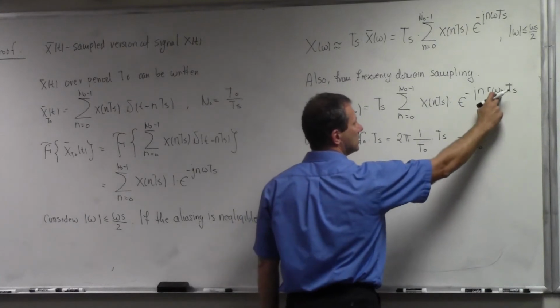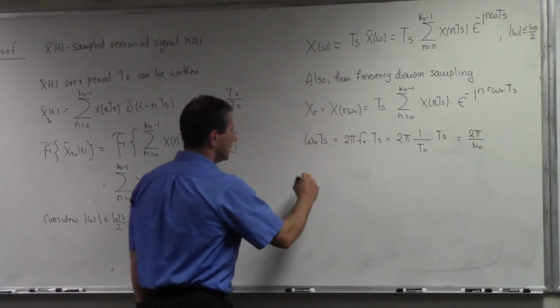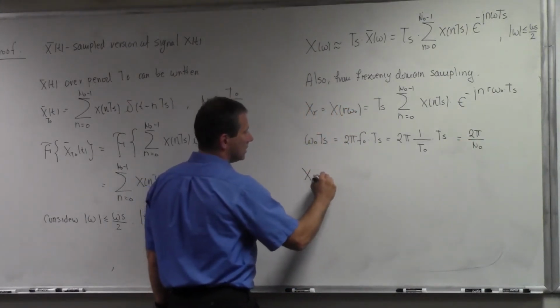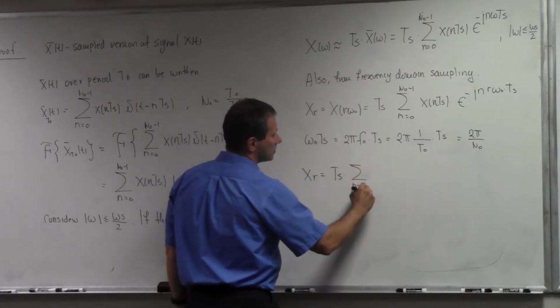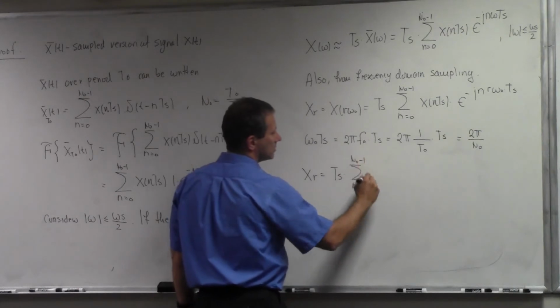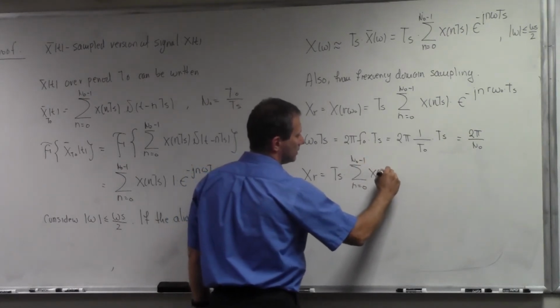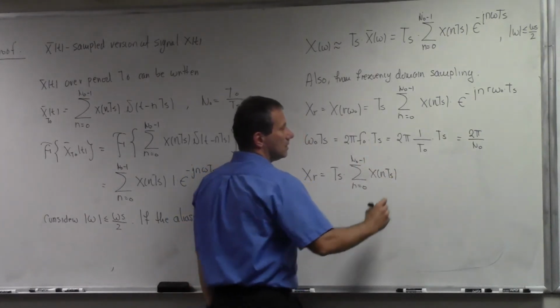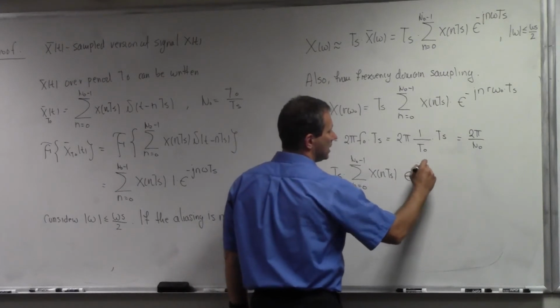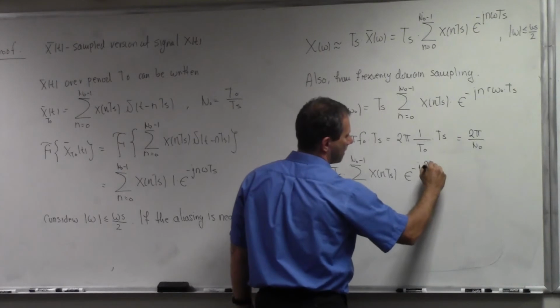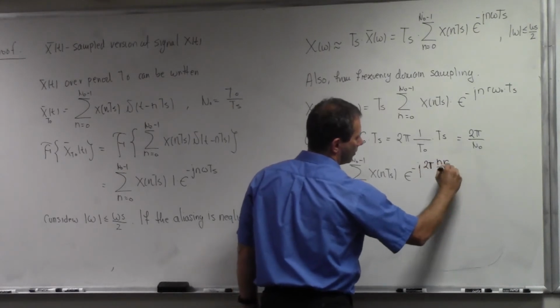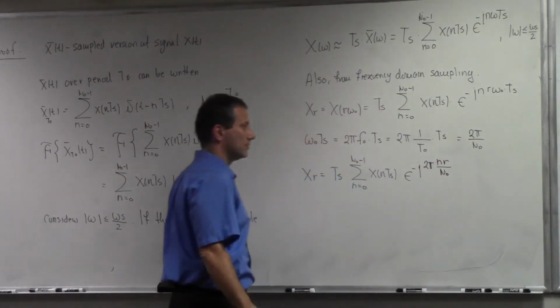If I plug this in this equation, then I get that Xr is equal to Ts times the sum, when n goes from 0 to n0 minus 1, of x of nts e to the minus j 2 pi n r over n0.